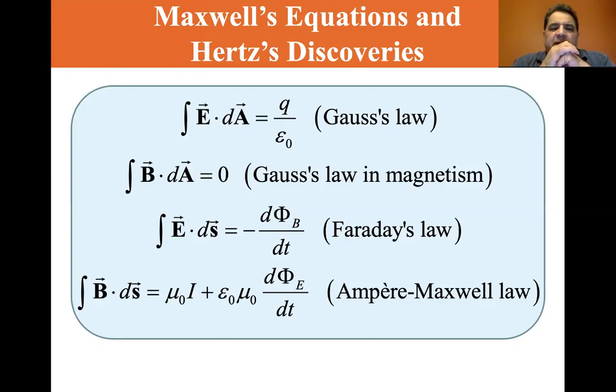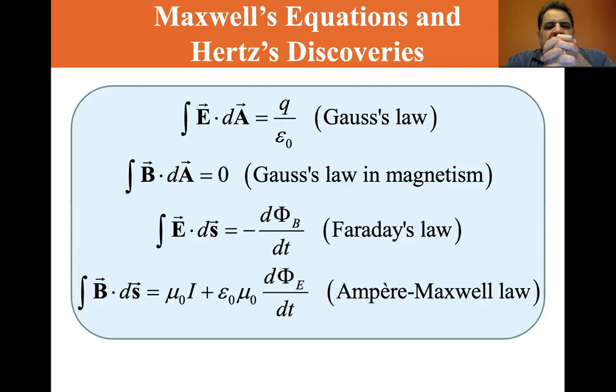Now, the integral of B dot dA, the integral of the magnetic field over a surface area, is equal to 0. What does that mean? That means that for every magnetic field line exiting the surface, there was a magnetic field line entering the surface at the same time, so the sum is equal to 0.